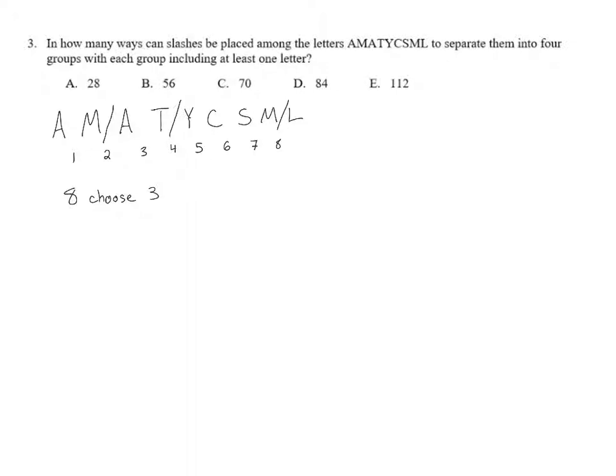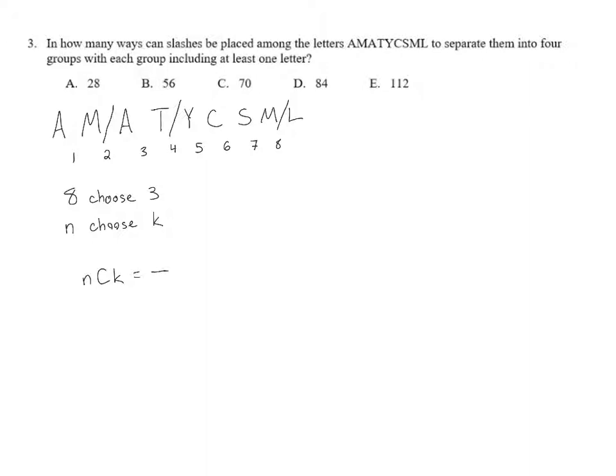Now there's actually a really nice formula for this. There's a formula for when we have n objects and we want to choose k of them. We write this nCk, C for choose or combinations, because we're looking for the number of combinations that we can do this in.